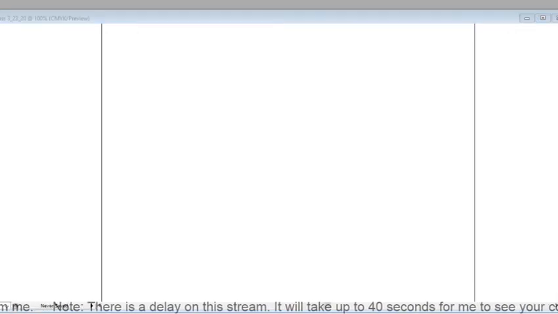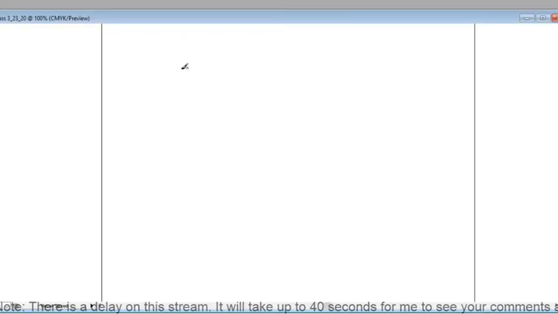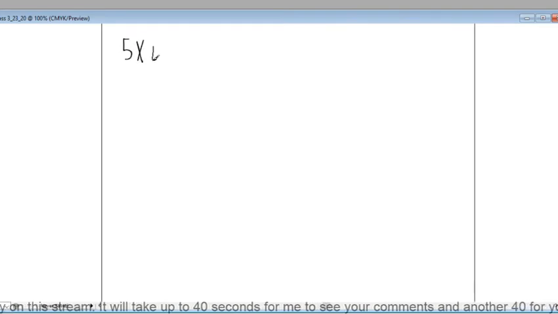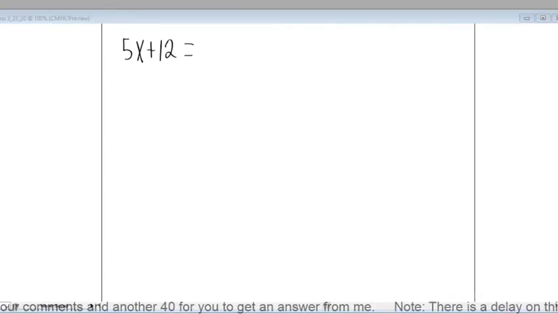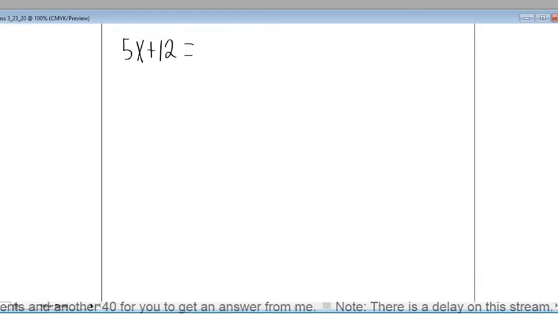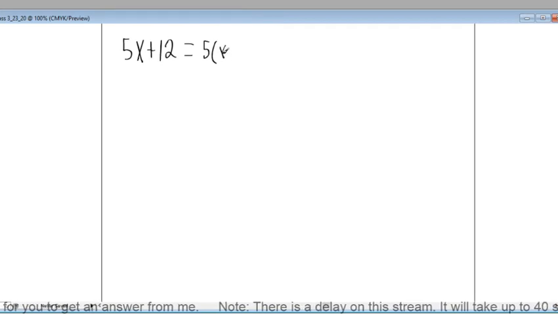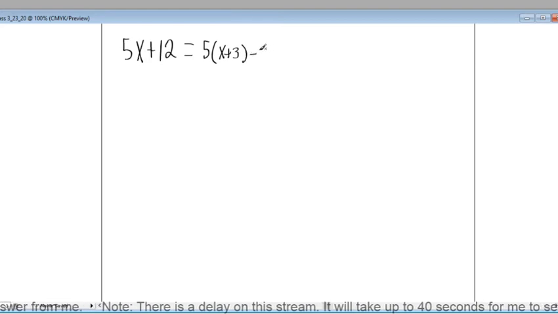So this new equation, the first half is 5x plus 12. So 5x plus 12, and it's equal to the other half, which is 5 times x plus 3, minus 3.